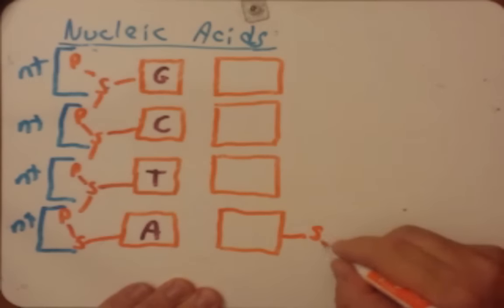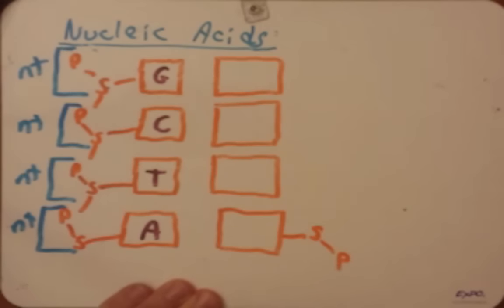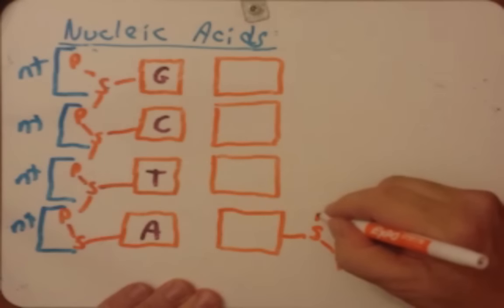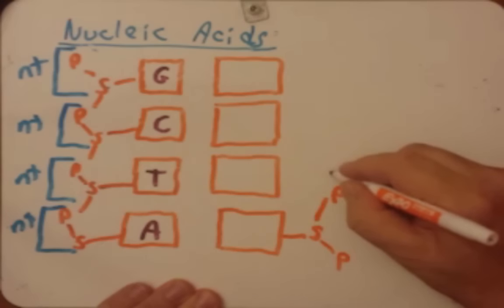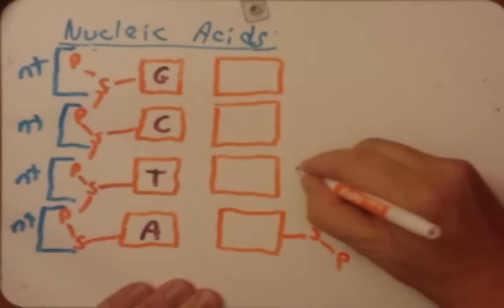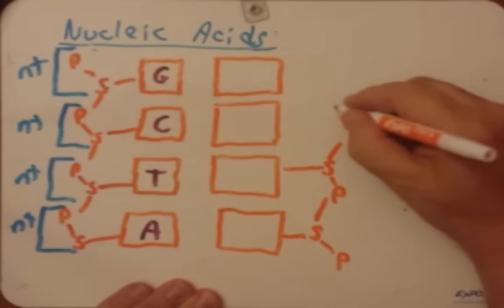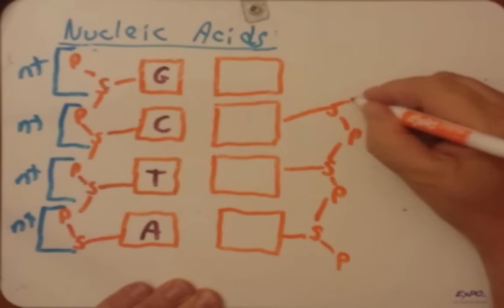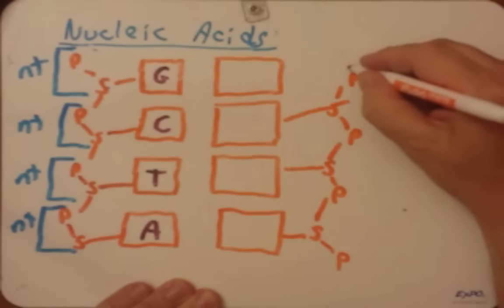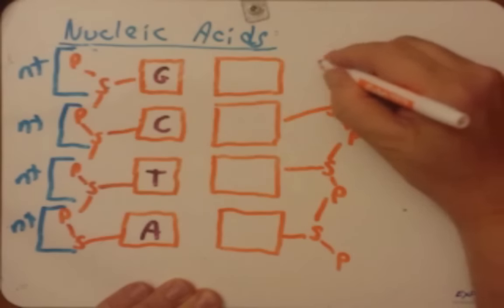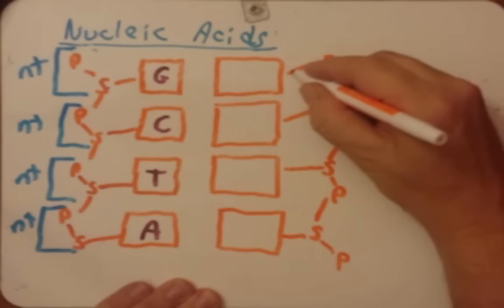But it's going to have a sugar with a phosphate, just like we see over here. Then it's going to connect up here to the next phosphate, with the sugar connecting to the base: the phosphate, sugar connecting to the base, to the phosphate, to the sugar connecting to the base.